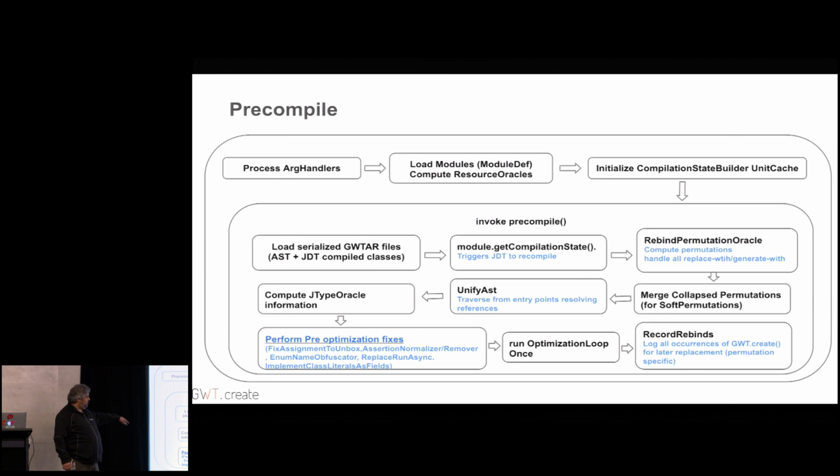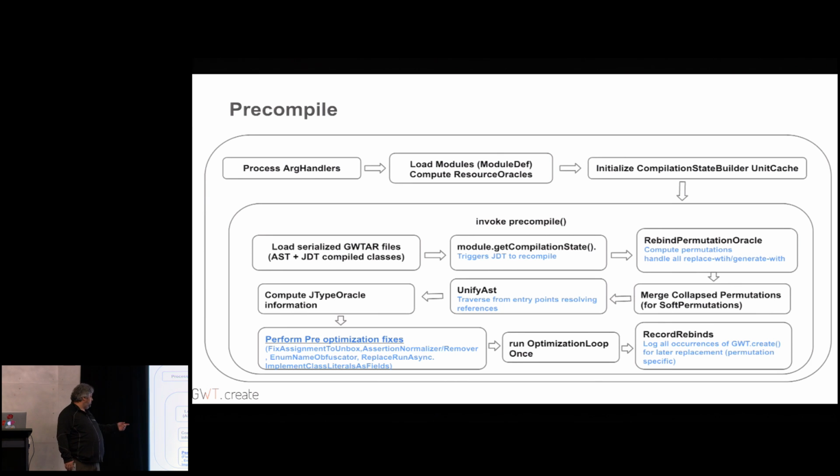Then we extract some information. We compute, for example, the full hierarchy, the overloads, and we perform some fixes. For example, there are some things that we implement differently than in Java, for example, getClass and the class literals. So we have a pass for that.